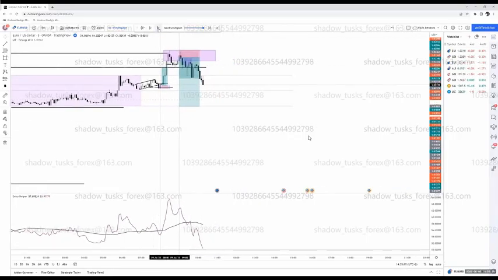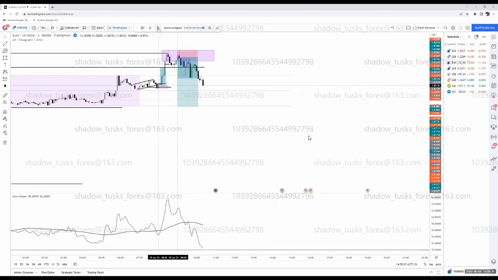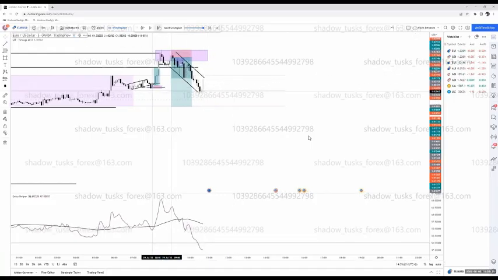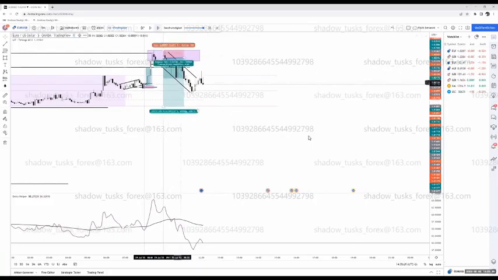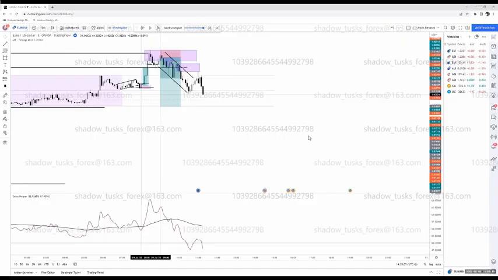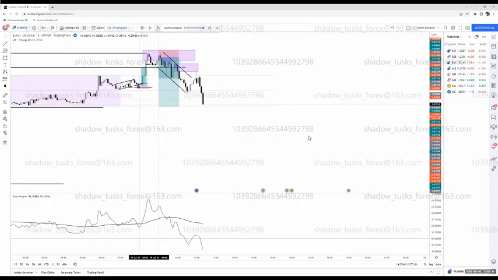Anyways, now there's some sort of build-up in here. We're looking for inducement of this build-up, in this sense to the high side, into order flow mitigations. Kind of did that already, and then goes lower.